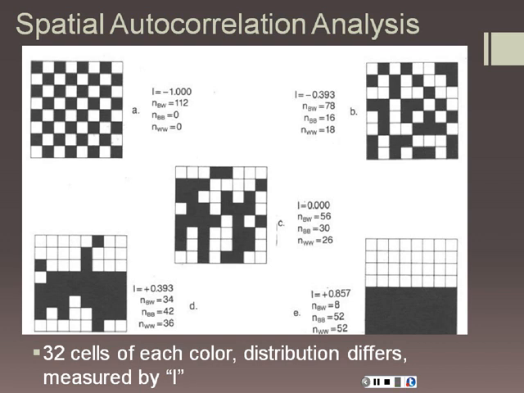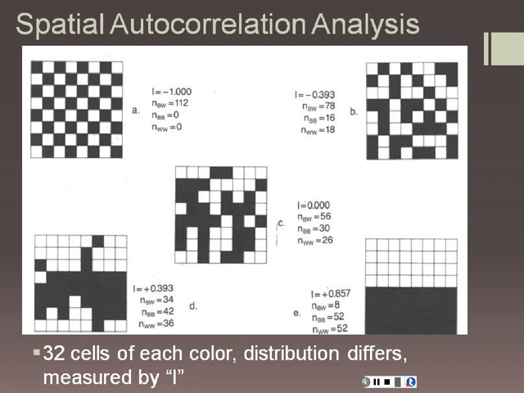So, we're working with a 4 neighbor case definition of contiguity here. And part of that is because it makes the math easy. With 32 cells of two colors, we can divide up that 32 cell landscape so that 16 are black and 16 are white.